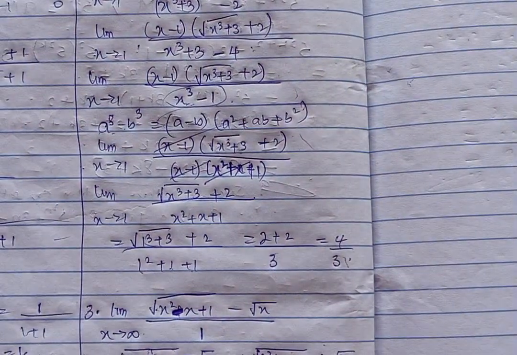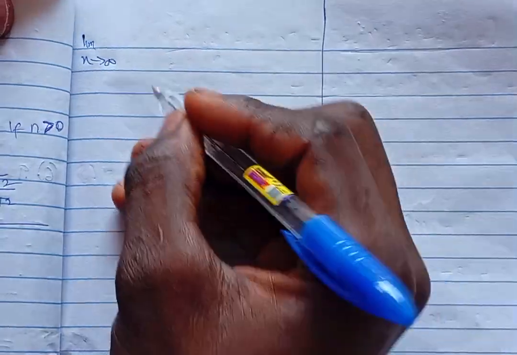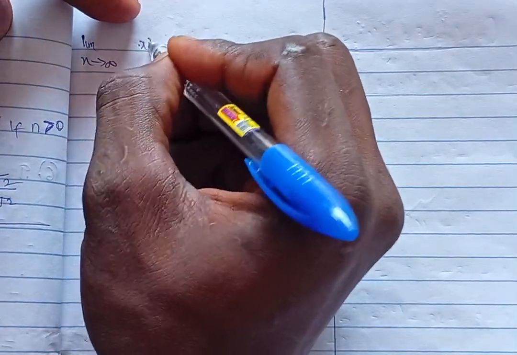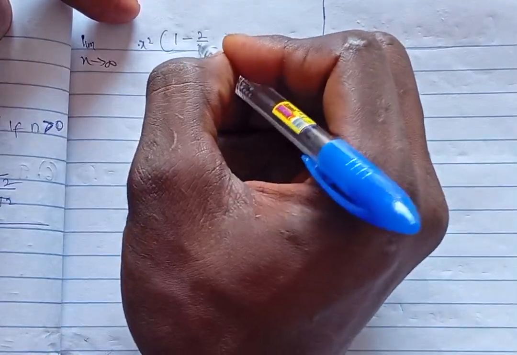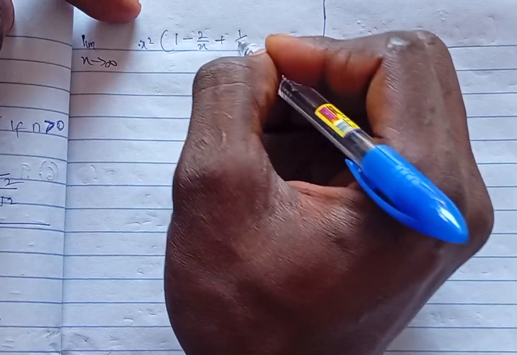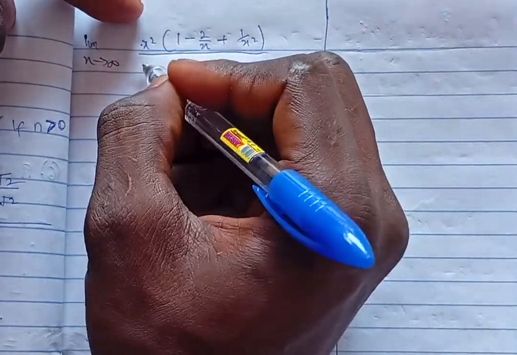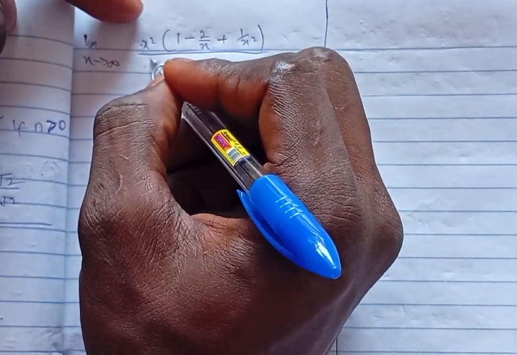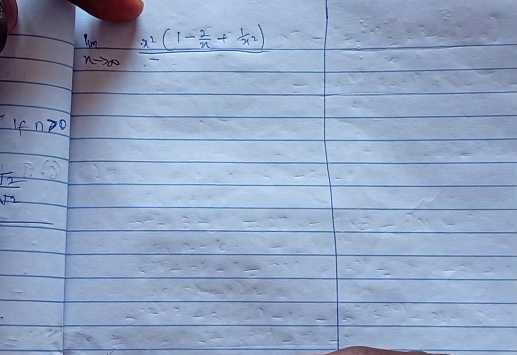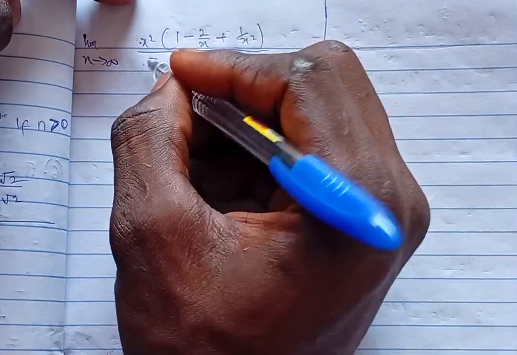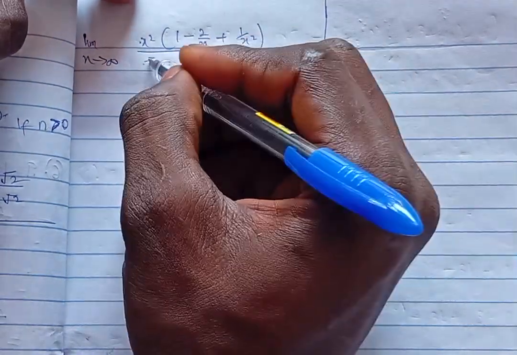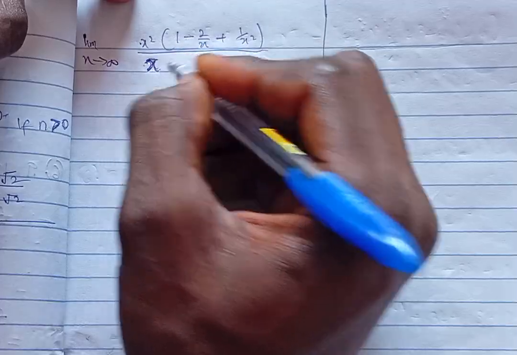So after doing that, you have x squared into 1 minus 2 over x plus 1 over x squared, everything over square root of what? Now the square root, you remember, we can say it is equal to the square root of x, so factorize x from both sides.